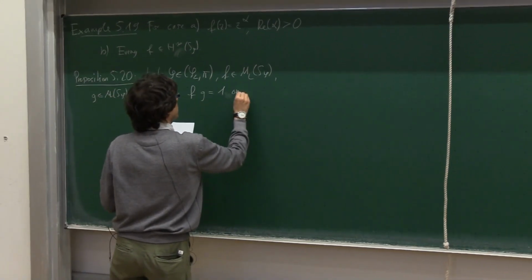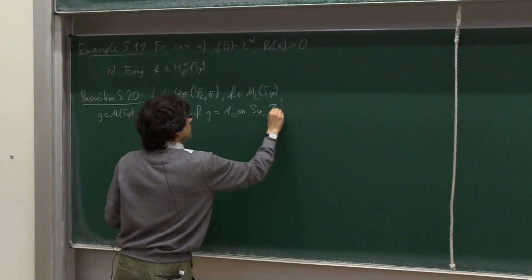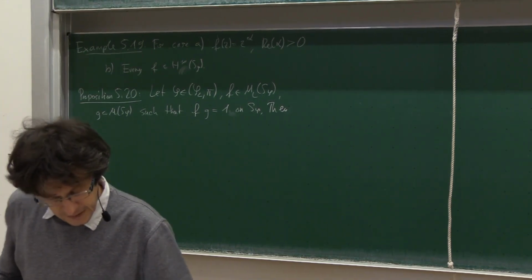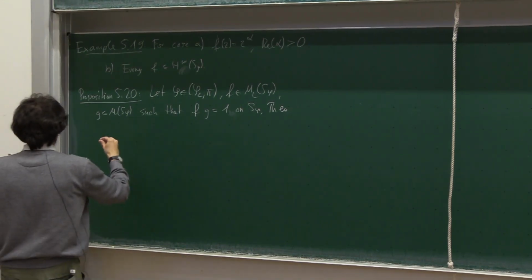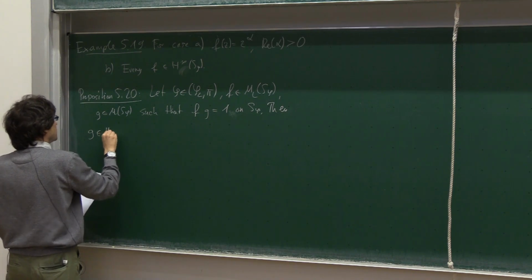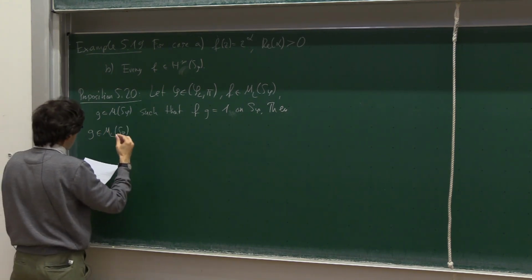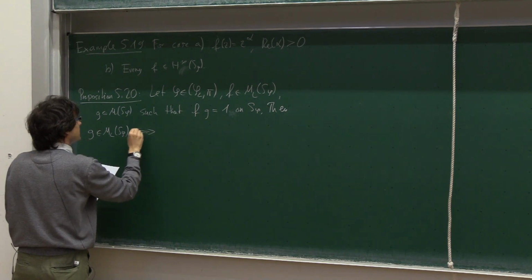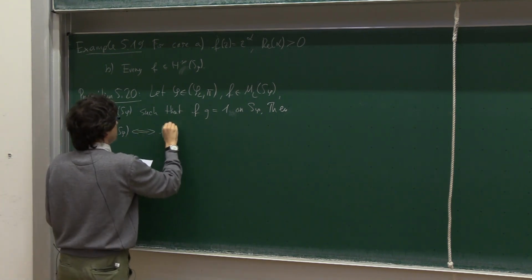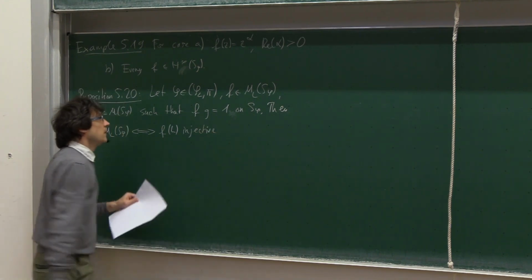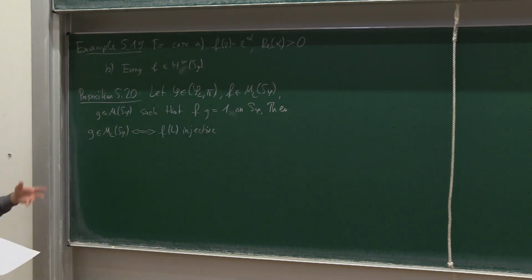So take the inverse of f as a function on S phi. And then what I claim is that this question whether g is regularizable you can decide, because this is if and only if the operator f of L is injective. Which is a little bit natural.